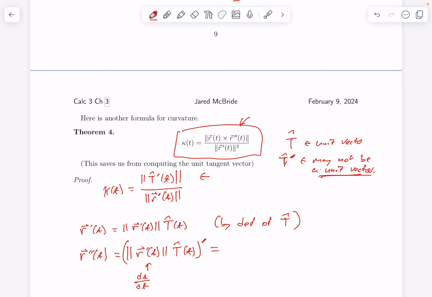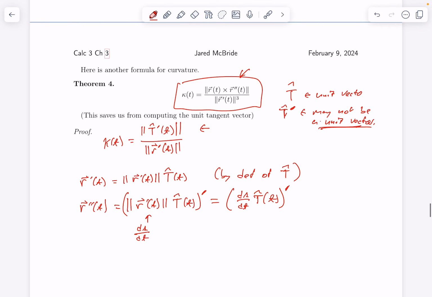We learned that earlier today, and that's by the definition of ds. So this is the same thing as ds/dt times t hat of t.